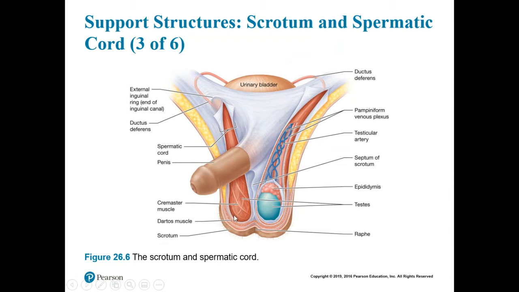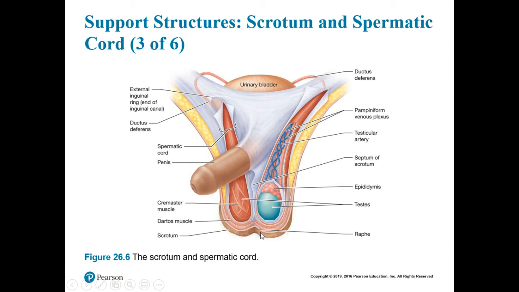All right, now the other muscle right here is going to allow for the surface area of the skin surrounding the scrotum to either increase or decrease. So if it's way too hot in the environment, then what you want to do is increase the surface area of the skin. Therefore, the muscle relaxes.